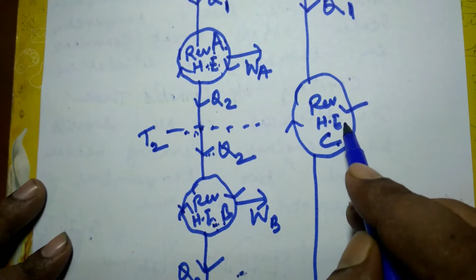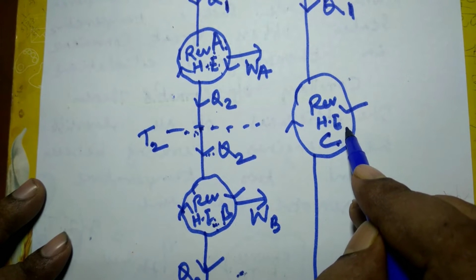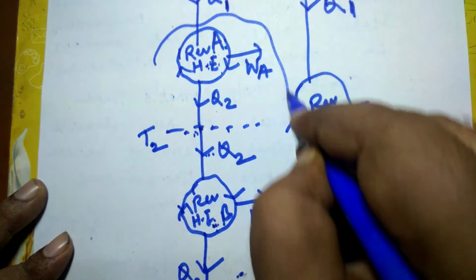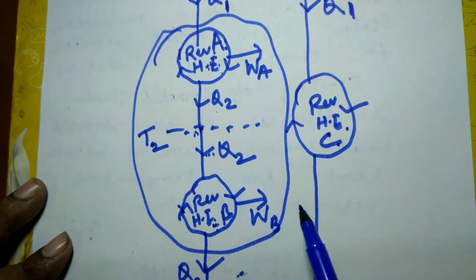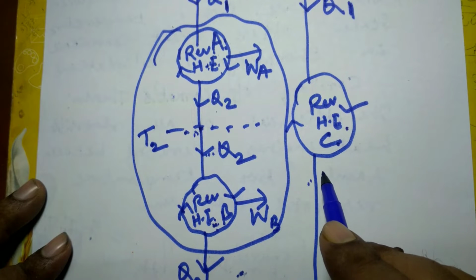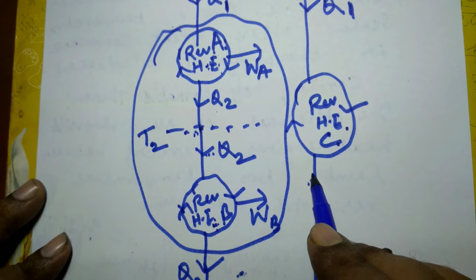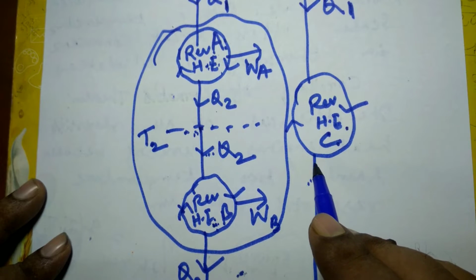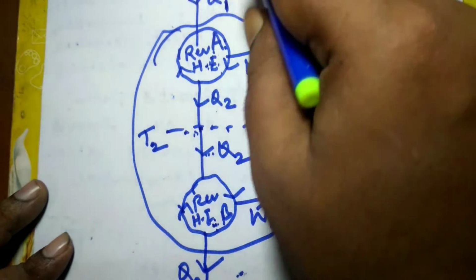The efficiency of the combined reversible heat engine will be the same as the efficiency of reversible heat engine C, since both are operating between the same two temperatures, T1 and T3.